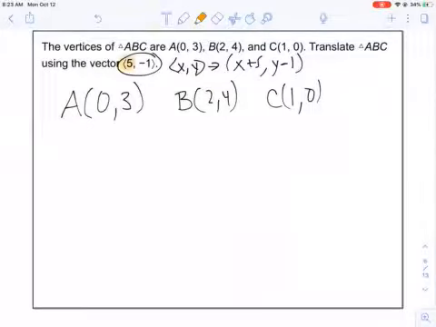So notice the 5 and the 5, the negative 1 and the negative 1. So I do exactly what this says. I add 5 to my x's, to all of them, actually.